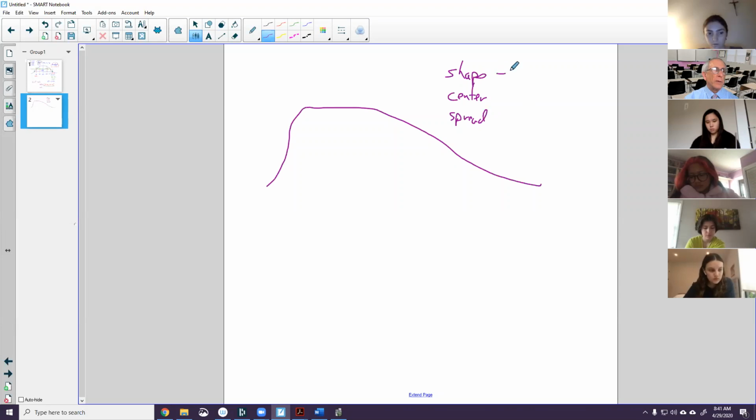In this case, the shape is skewed right. And you're right, if it's skewed, my center is the median and my spread is the IQR. That's if I'm describing a distribution.